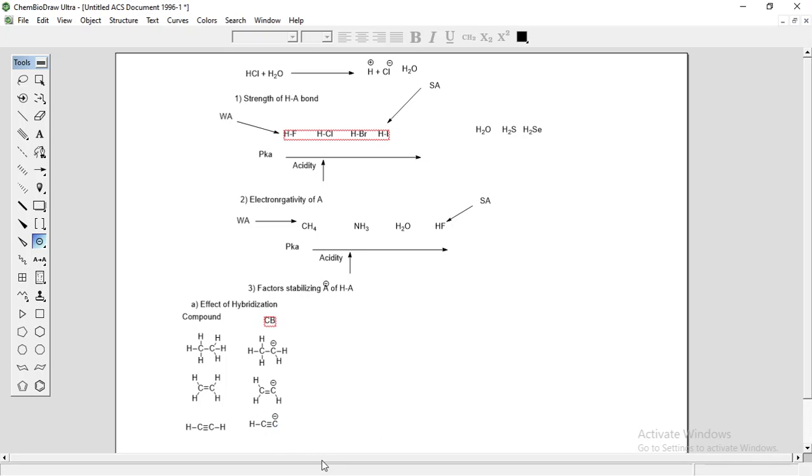So these are the conjugate bases of ethane and acetylene. Here the carbon is sp3 hybridized, here the carbon is sp hybridized.